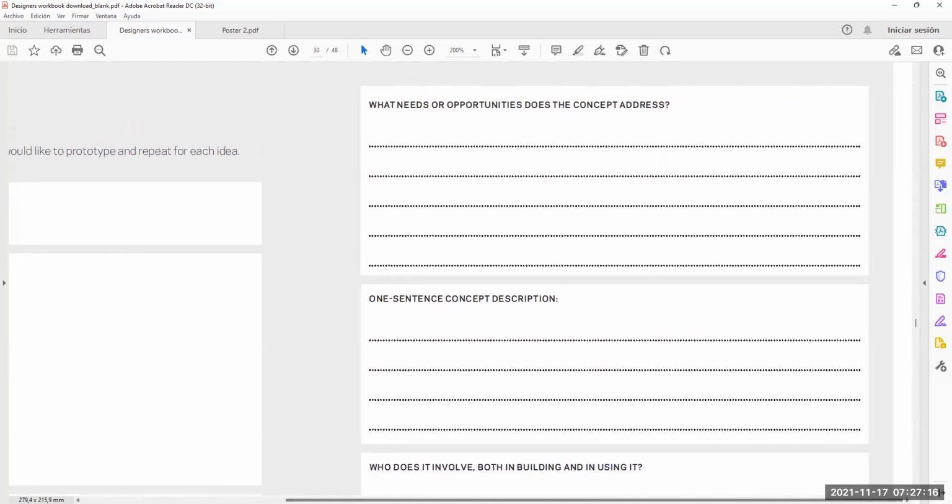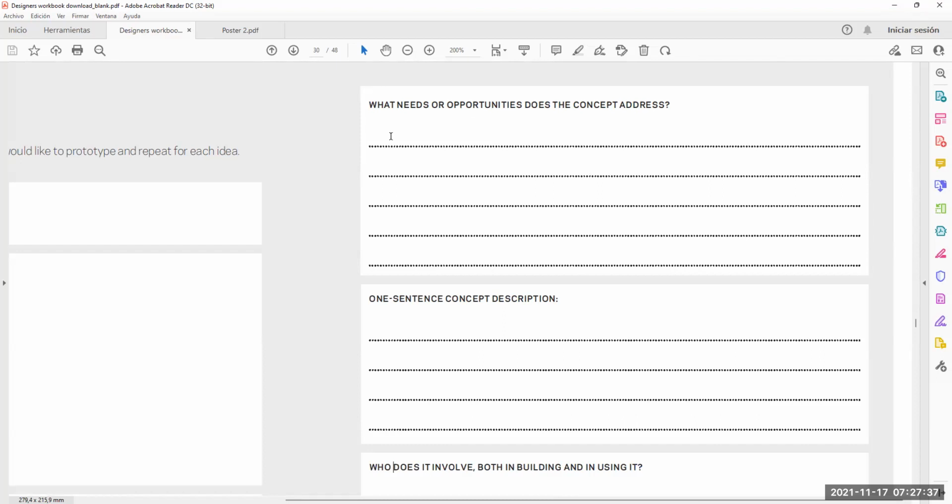Then it says here, what needs or opportunities does the concept address? So it's basically, what is your idea solving? You see? So this idea is solving what problem, basically? But they put it here in a different way. So what needs or opportunities does the concept address?